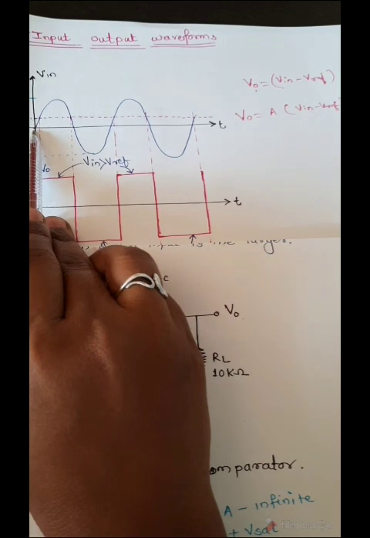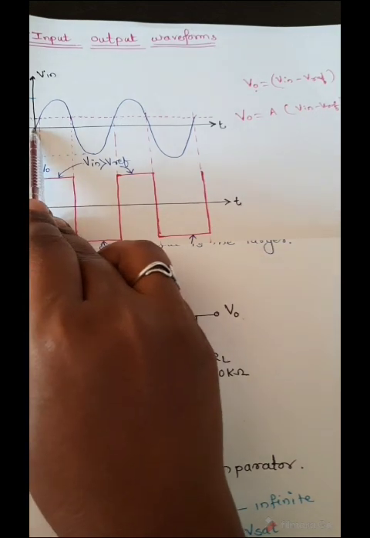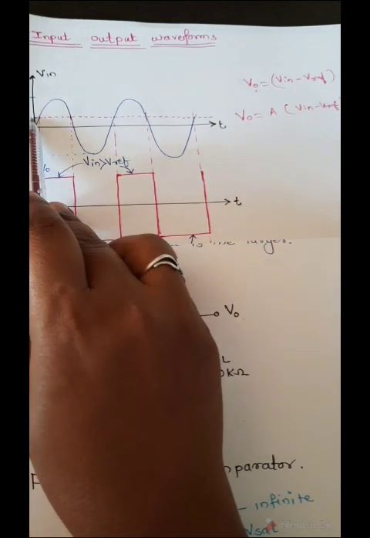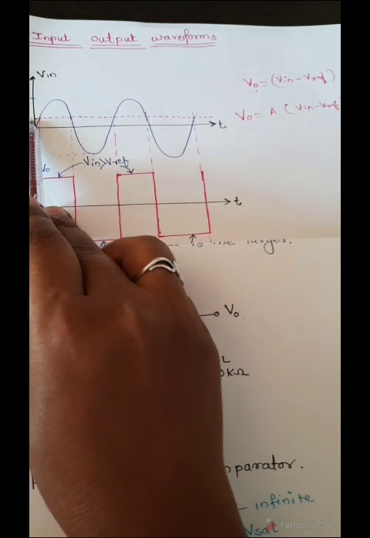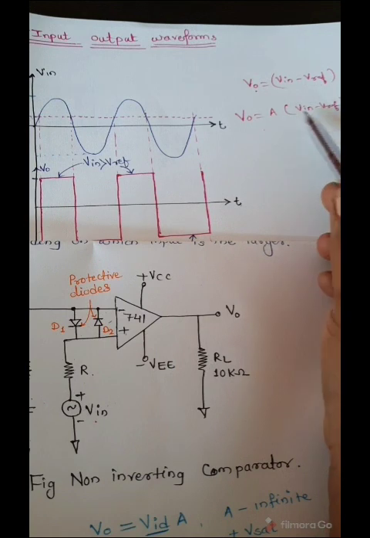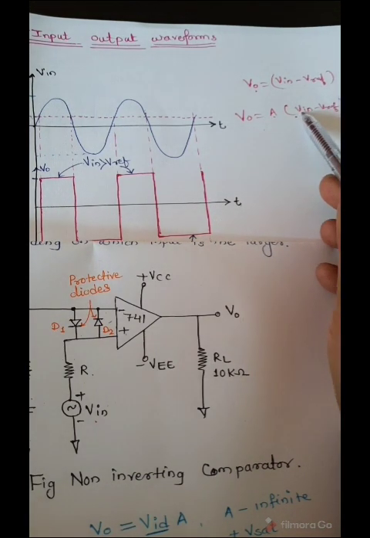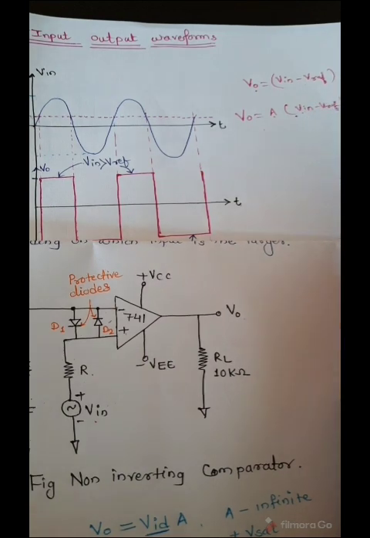Now we'll check. At the instant when the signal starts, Vin is 0, but the reference voltage is plus 1 volt. Putting these values in, it is 0 minus 1.